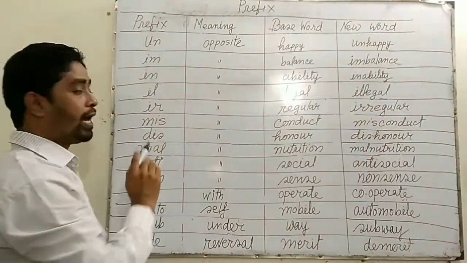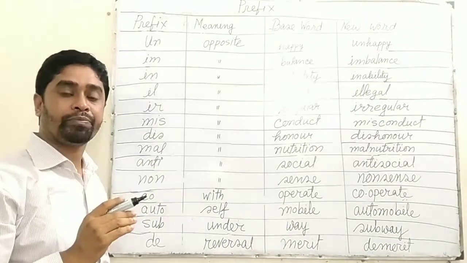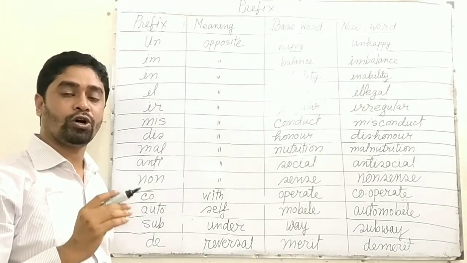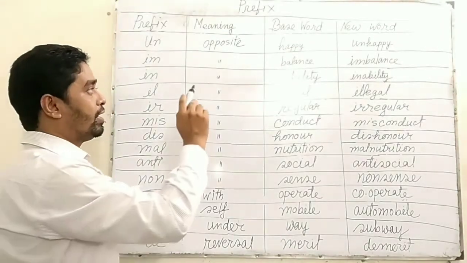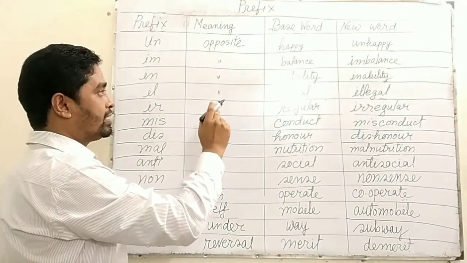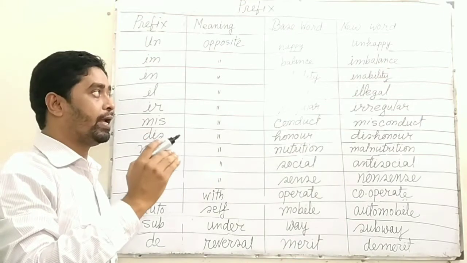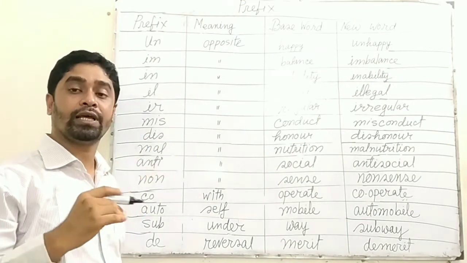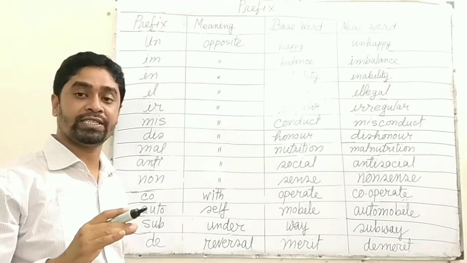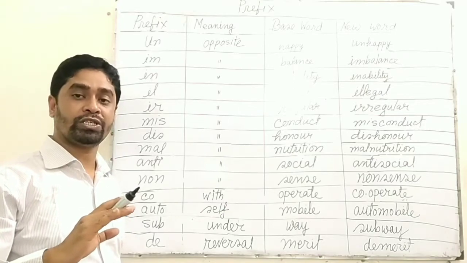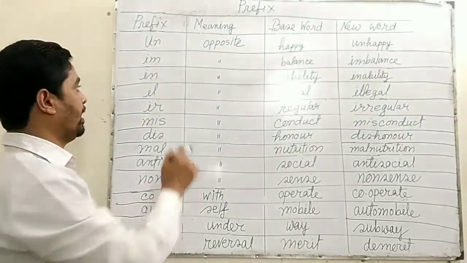Next, im. It also expresses opposite meaning, like balance, and by adding im, it creates imbalance, which is the opposite word of balance.